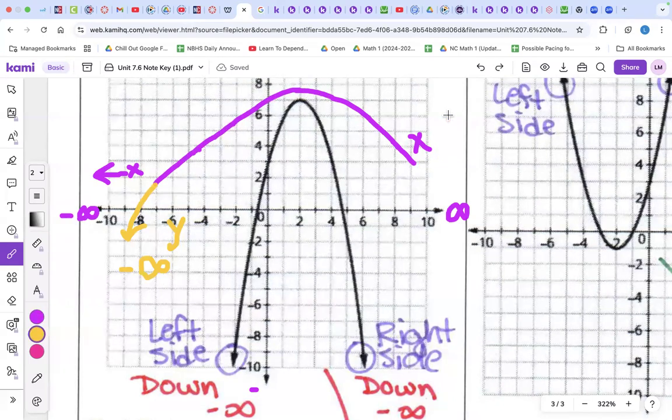It is still going down. So that means that is negative infinity. It doesn't matter which way x goes, x can go negative, x can go positive.